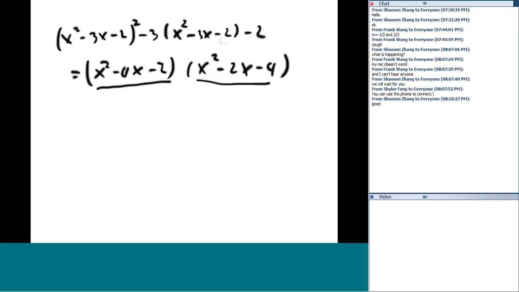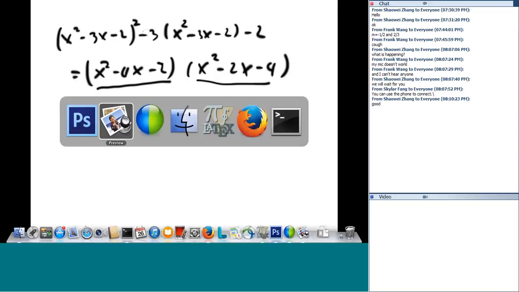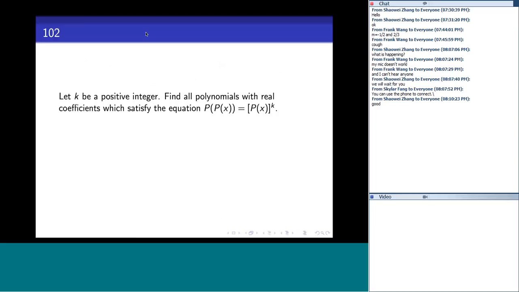William, do you have it? One oh two. Let's see the question. Find the polynomial which satisfies P(x) equal P(x) to the k. Huh? You want me to do it?